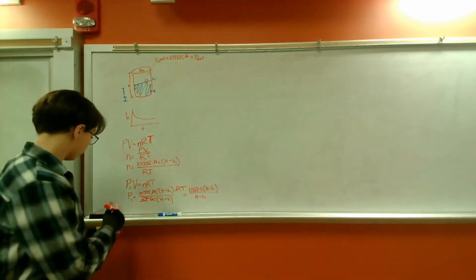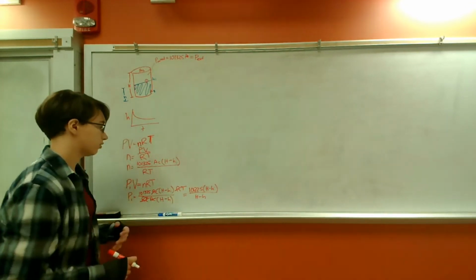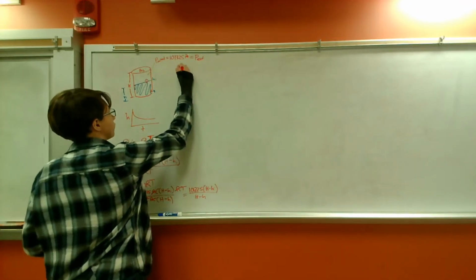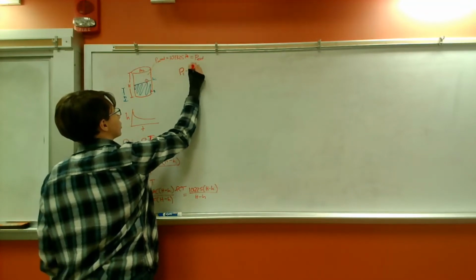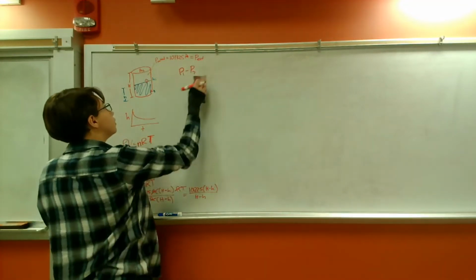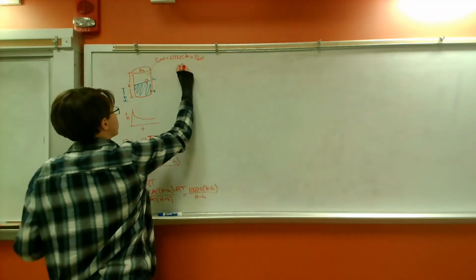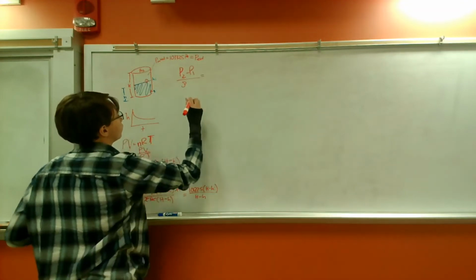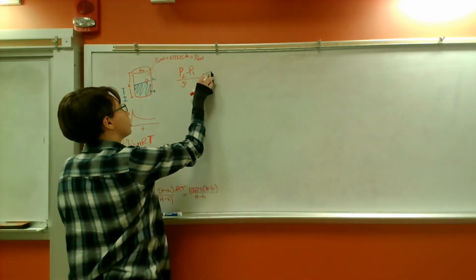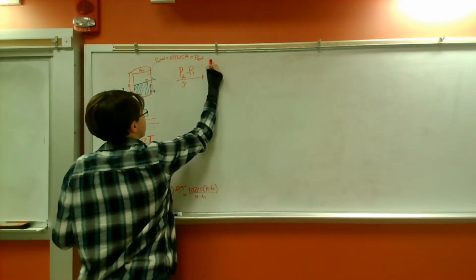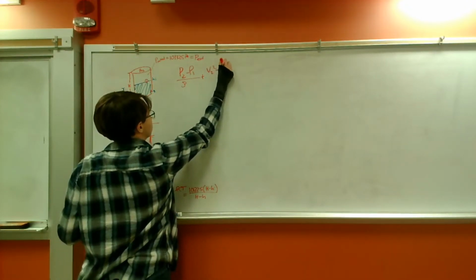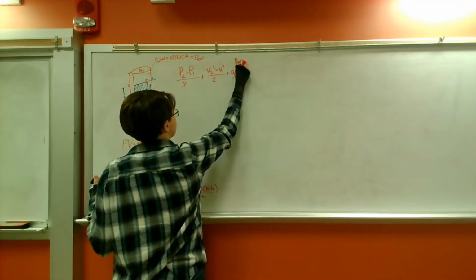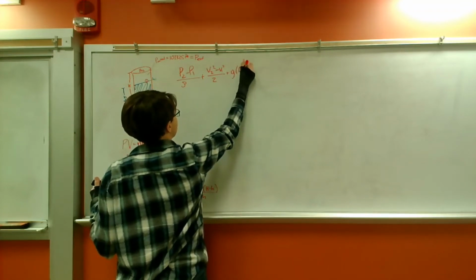So then, after we have that, we can start looking at Bernoulli's equation. So, for Bernoulli's equation, we've got the pressure at 1 minus the pressure at 2. Nope, that's wrong. We've got the pressure at 2 minus the pressure at 1 over rho, plus the velocity at 2 squared minus the velocity at 1 squared over 2, plus g times delta z.